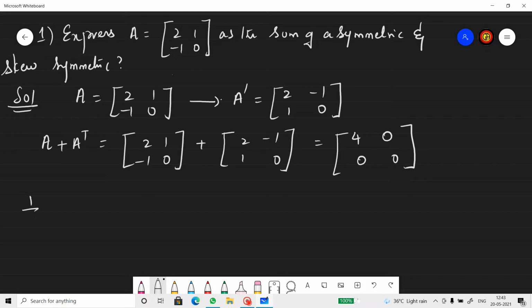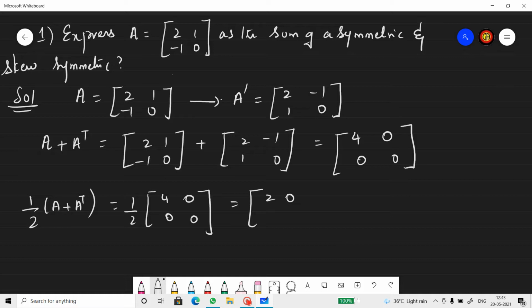And then I'm going to have half times of A plus A transpose. I told you the reason for half. If you don't put half, you get 2A. You need A only. So it's half times of 4, 0, 0 and 0. So that means I get 2, 0, 0 and 0. Alright, let me call this matrix D.